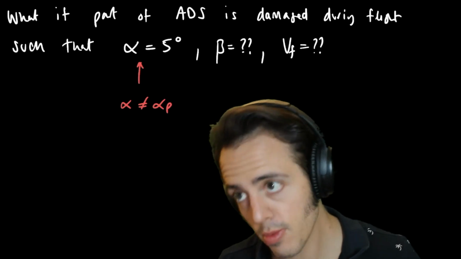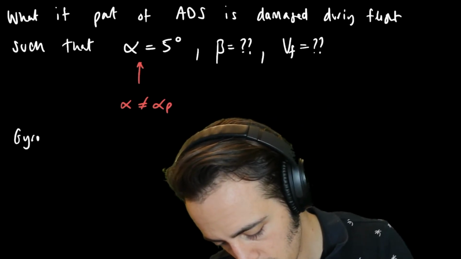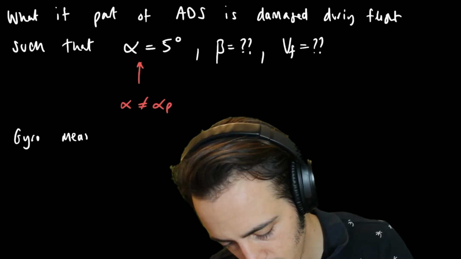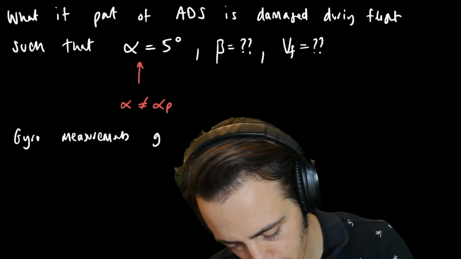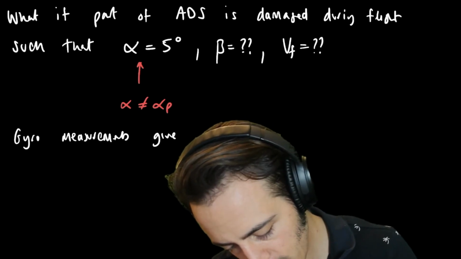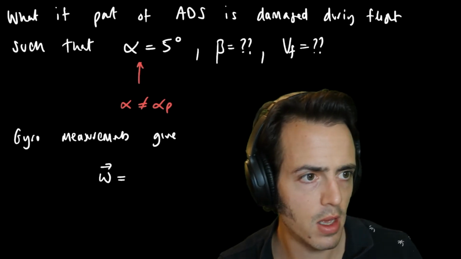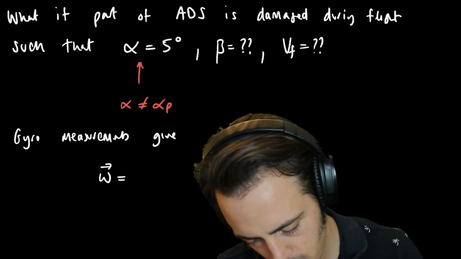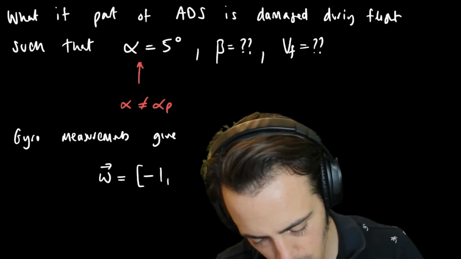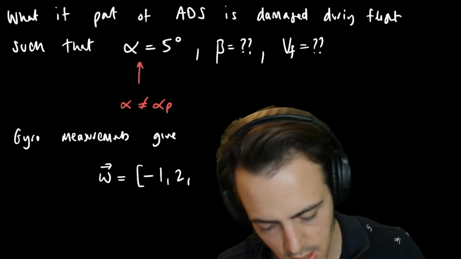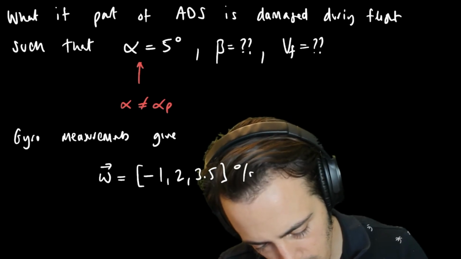We've got measurements from the gyroscope, so say gyro measurements. So these give us that the aircraft body angular rates are, for this example, -1, 2, and 3.5 degrees per second.